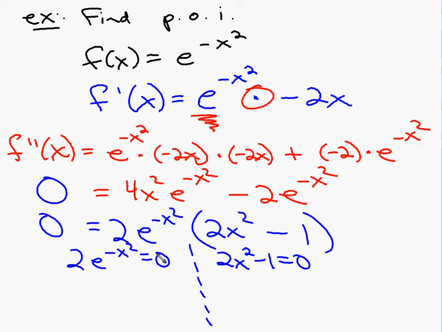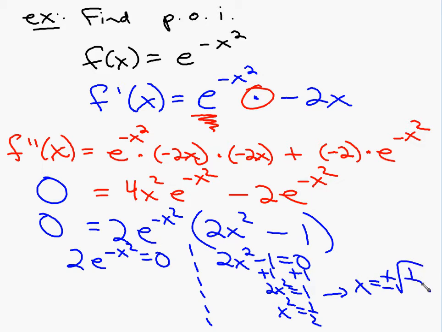I would add 1 to both sides. So 2x squared equals 1. So x squared equals 1/2. And if I take the square root, I find out that x equals plus or minus the square root of 1/2. Don't worry about rationalizing it right now. That's what it is. Now the other side, we're a little bit more worried about that, but we don't need to be. Let's go to a new page.